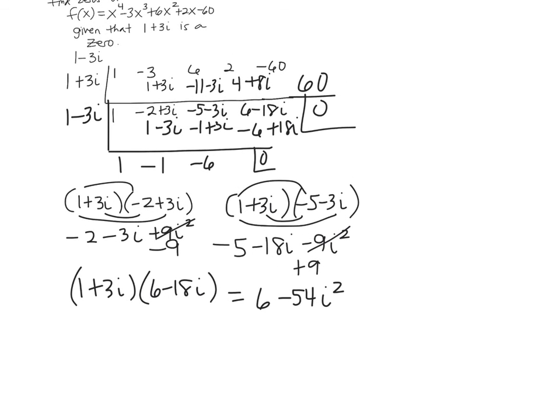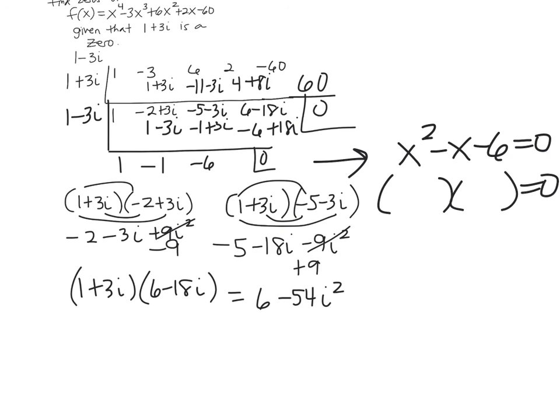What does that give us? Well, that gives us a quadratic that is factorable: x squared minus x minus 6. Set that equal to 0 and solve. Now you might have to do the quadratic formula at this point. I try to make it so it's factorable, so we don't have to. What times what is negative 6 and adds up to negative 1? Good.